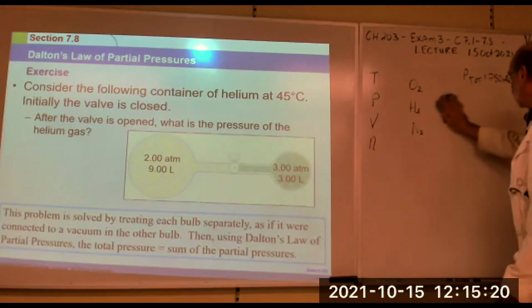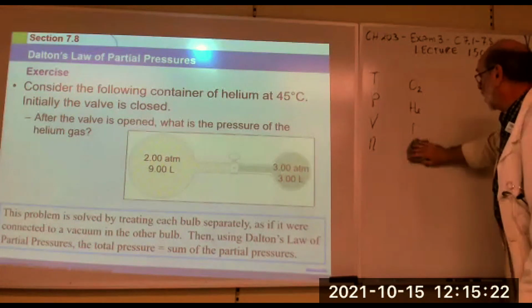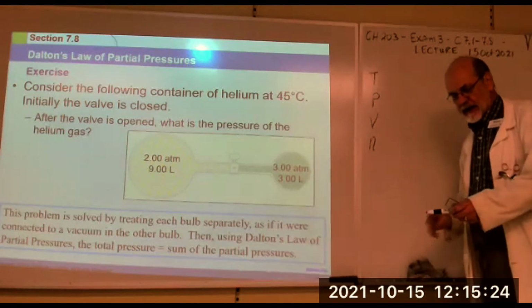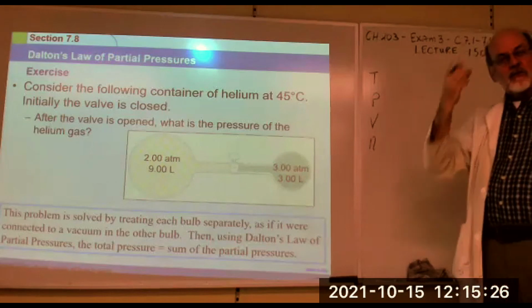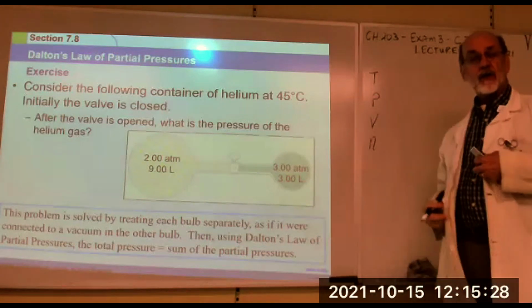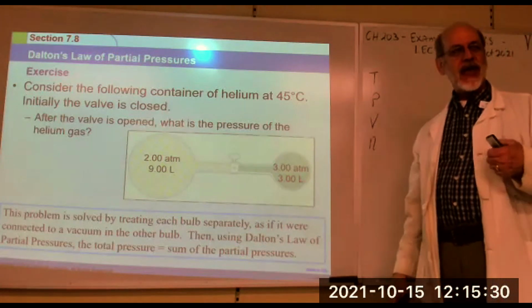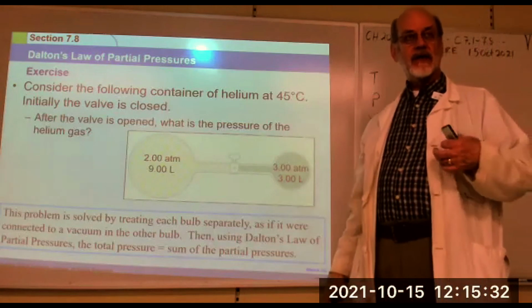Okay, there's a practical application to this law. Sometimes when we're investigating chemical reactions, we want to capture the gas that's generated by that reaction.